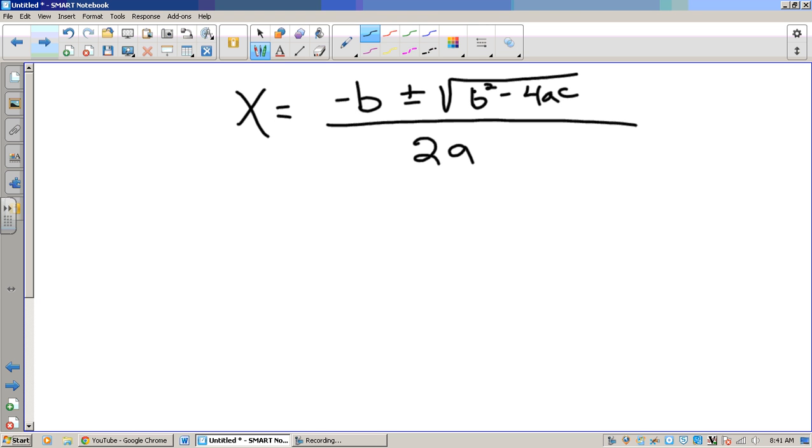Do we know what A, B, and C are in a quadratic equation? Yes, we've learned this over and over. So if we look at x squared minus 2x minus 24, what is A, what is B, what is C? What's A, Brendan? X squared.